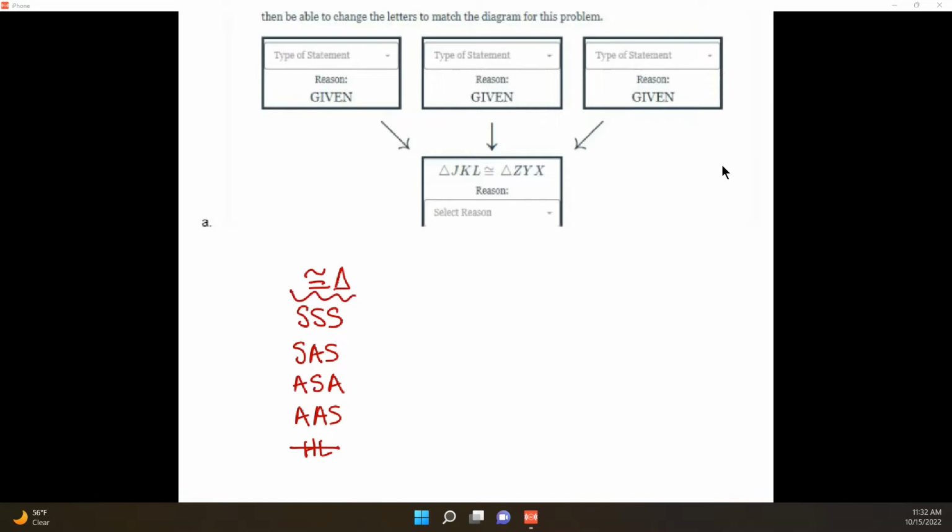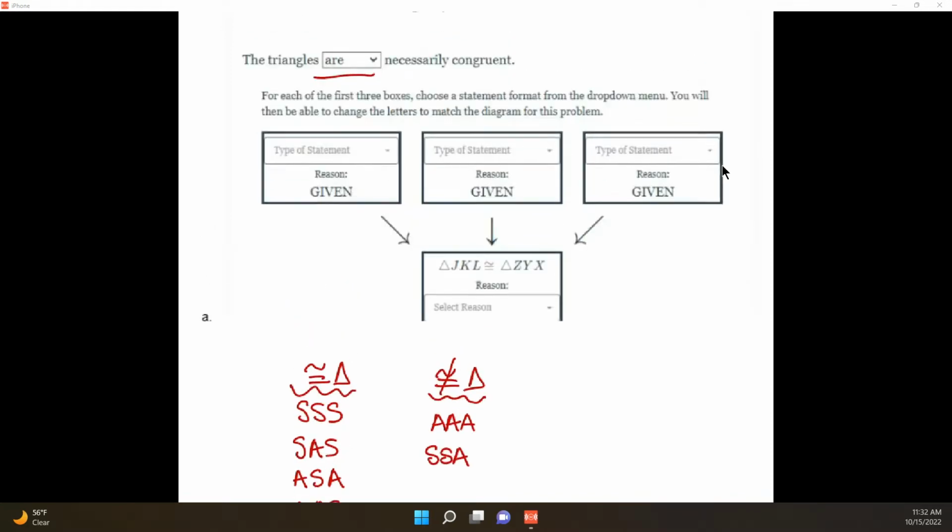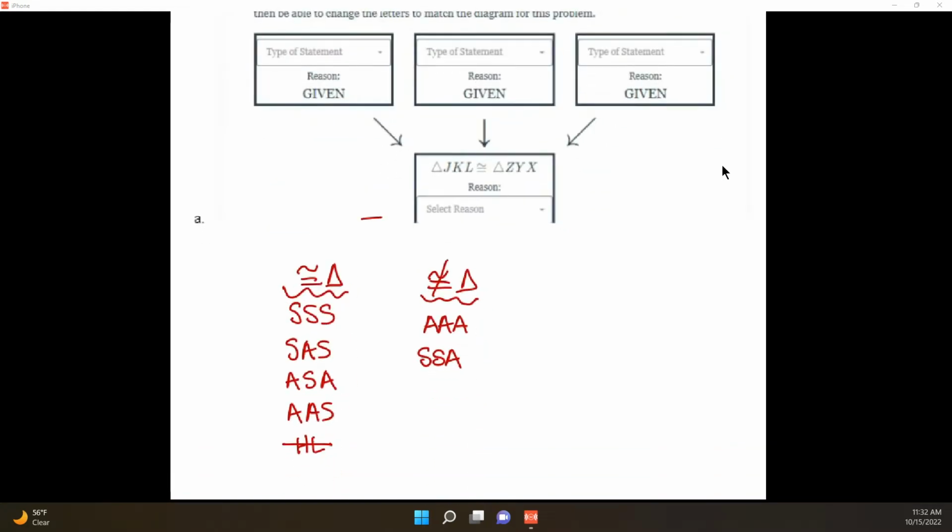There are a couple that are not congruent triangles. So things like angle, angle, angle, or side, side, angle. Those are things that do not give us congruent triangles. So basically, on these first couple, when they're asking us, what's the reason? How do we know that these two triangles are congruent? It should be one of these five things.